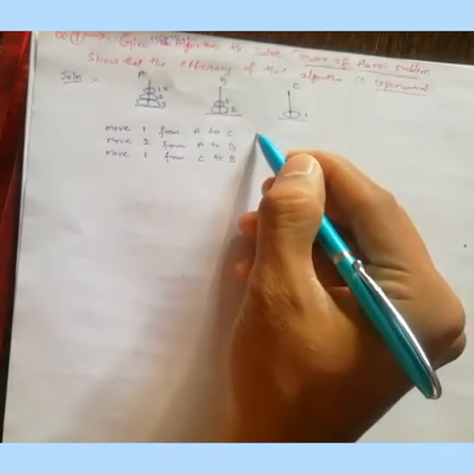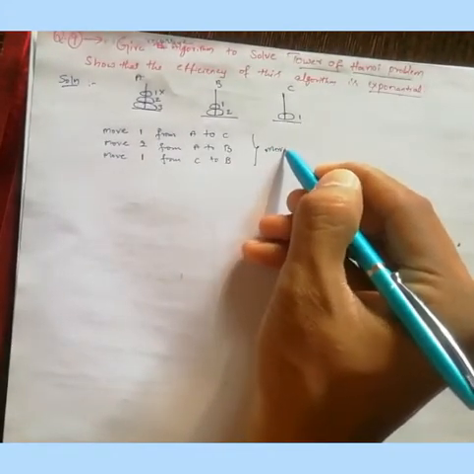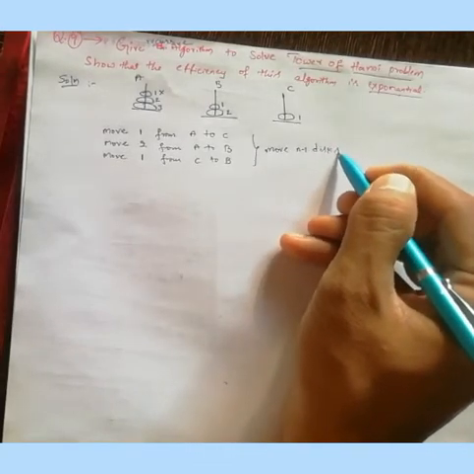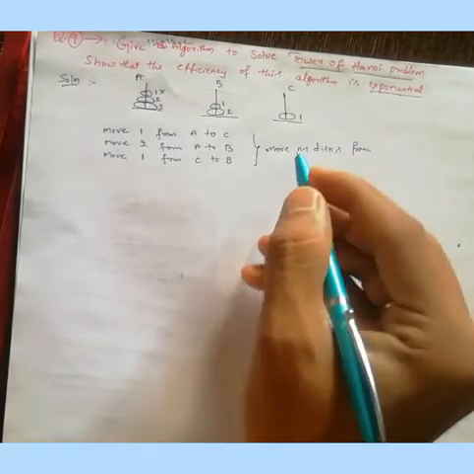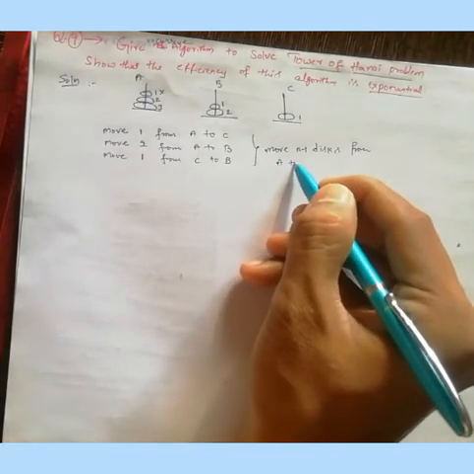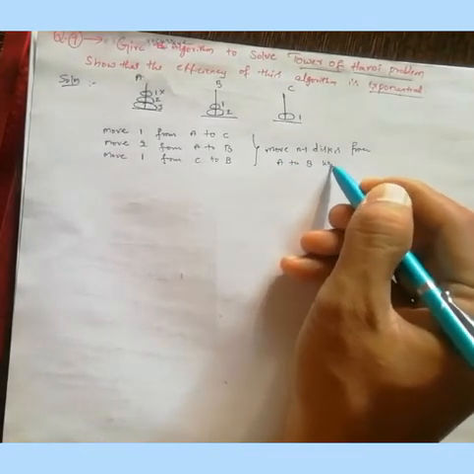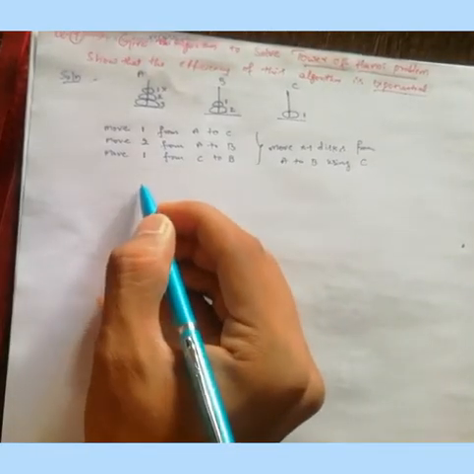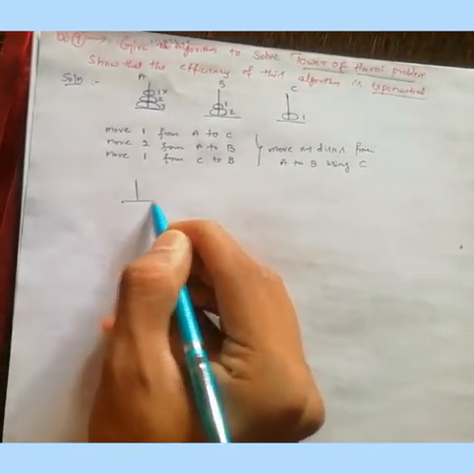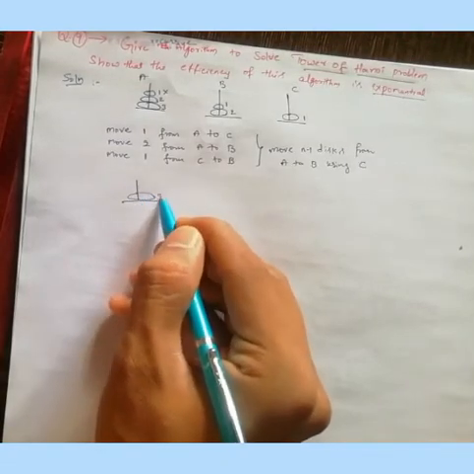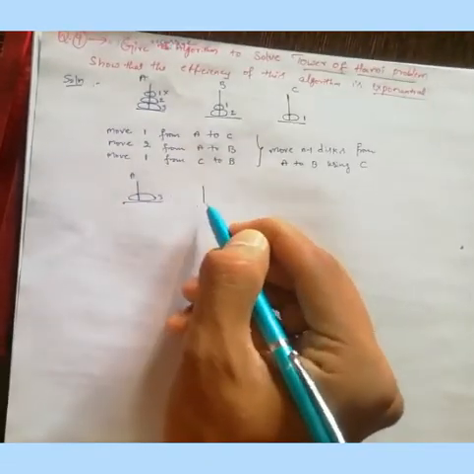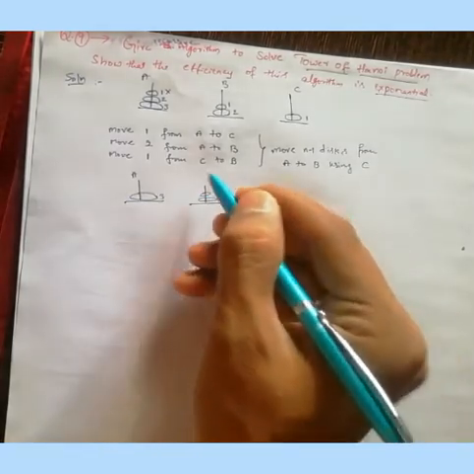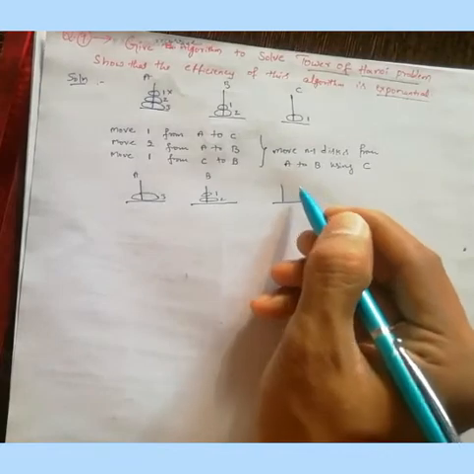So what it means here: move n minus 1 disks from A to B using C. After the movement, your pegs will be: in B we are having 2 and 1, and C is empty.